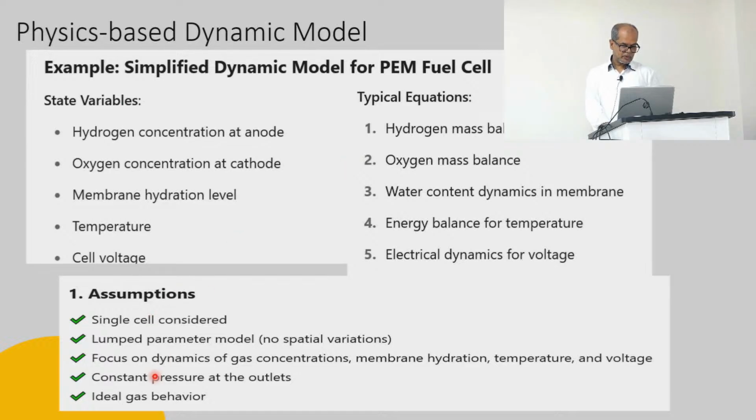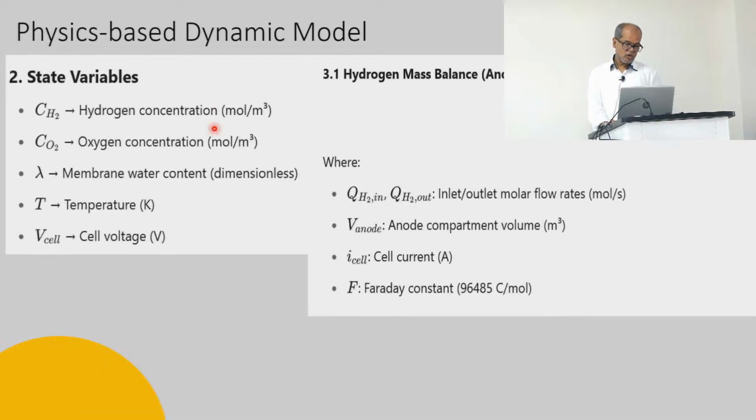But here again, we make a number of assumptions. If you say you are not going to make any assumption, then it might go to a 7th or 8th order model, which would be even more complex. But in most cases, this simplified dynamic model with 5 differential equations might be okay for your overall system model.